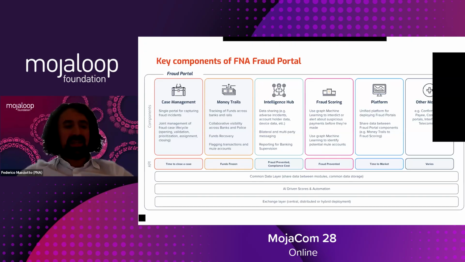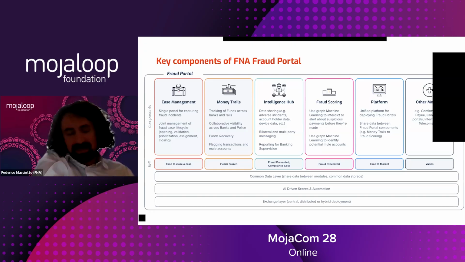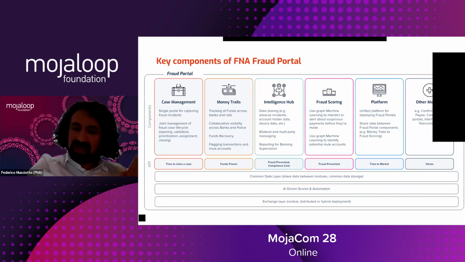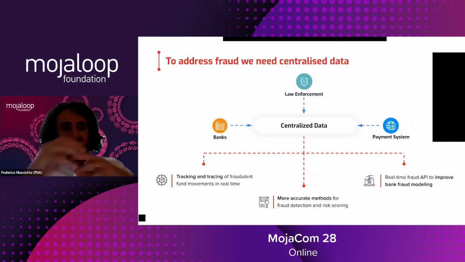The fraud scoring just requires some kind of centralized payment system or processor that aggregates, stores and processes payments in a standardized way, which I think is exactly the role that can be played by Mojaloop in the integration.